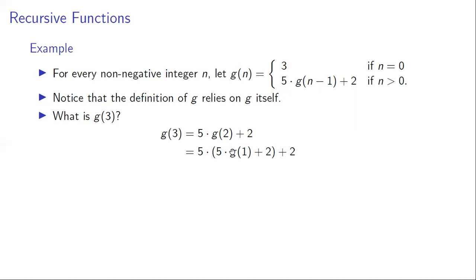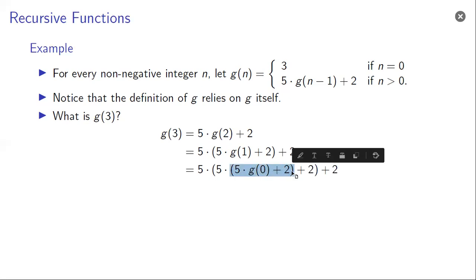Following the definition of g, that should be 5 times g of 0 plus 2. So g of 1 becomes 5 times g of 0 plus 2.